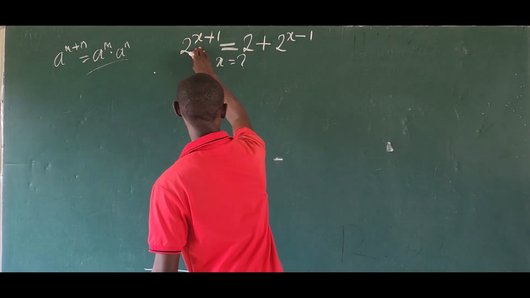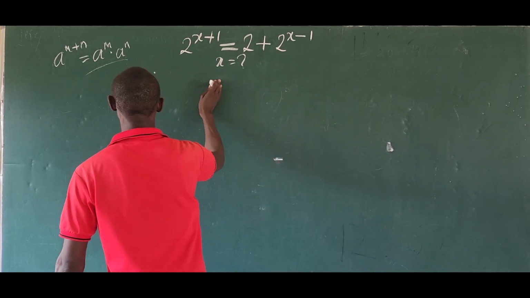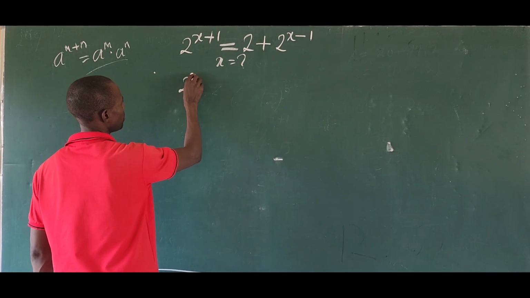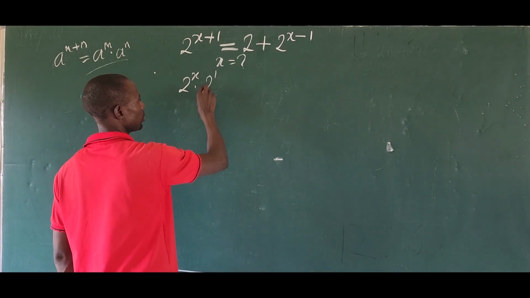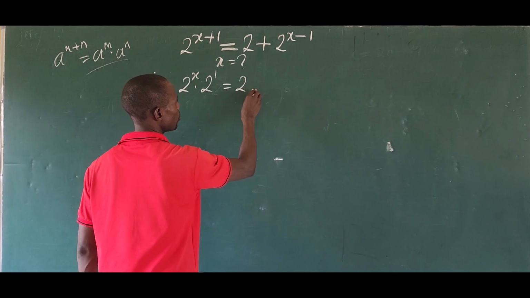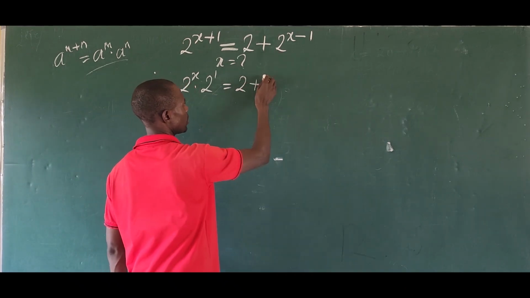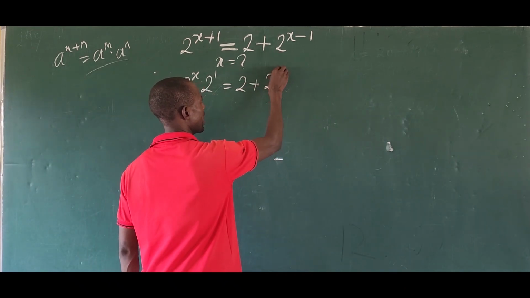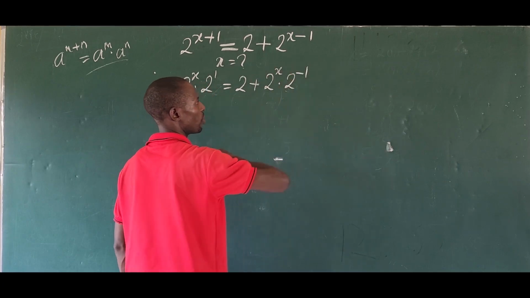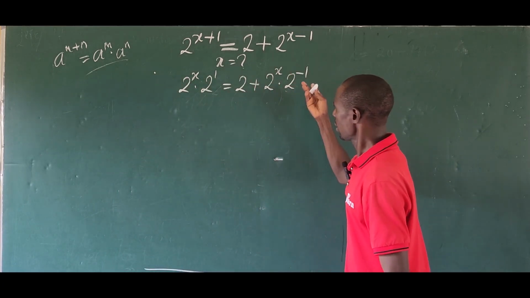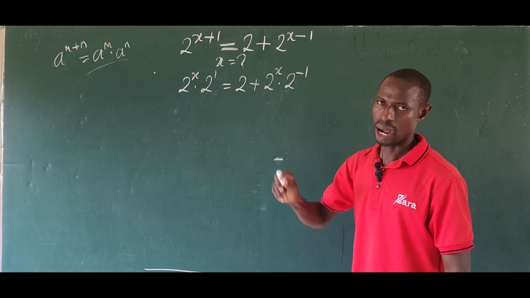So we can rewrite this to give us 2 to the power of x times 2 to the power of 1 equals 2 plus 2 to the power of x times 2 to the power of minus 1. Now, this is in negative power.